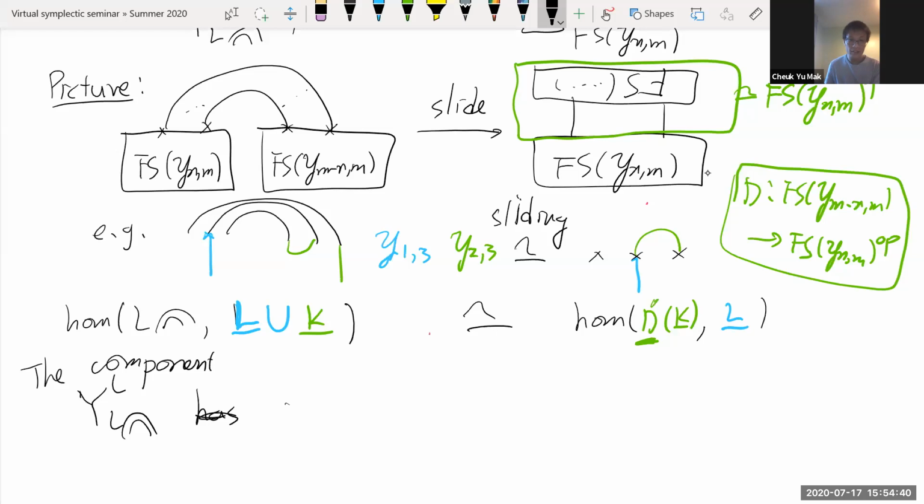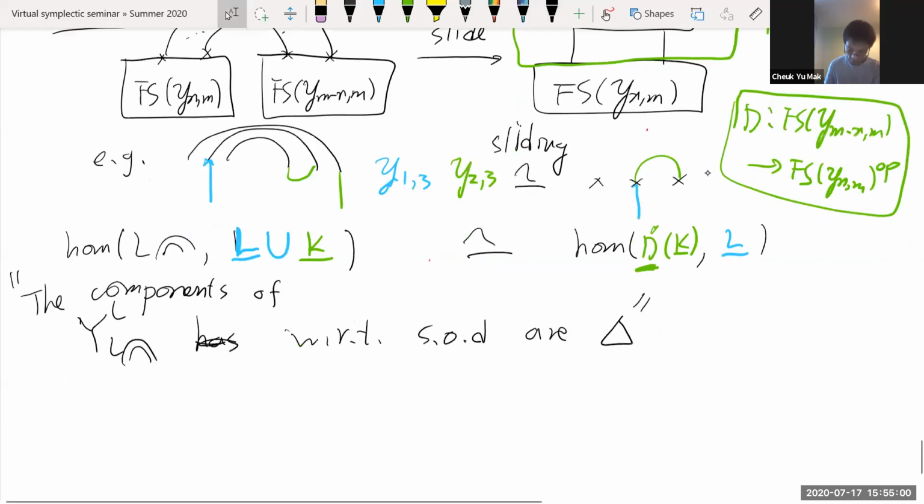So the left Yoneda embedding of L rainbow can be built from iterated cones of the diagonal bimodules. Any question so far?